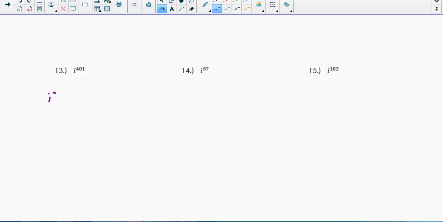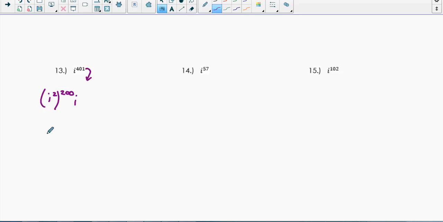So, start with i squared. I can't get to perfectly 401, but if I raise it to the 200th power, I get to 400, and then times i makes it 401. Okay, don't forget about that last i. You don't want to change this original problem. You just want to find a new way to write it.